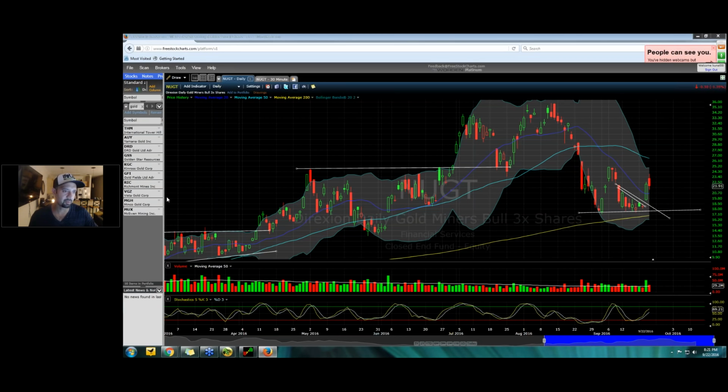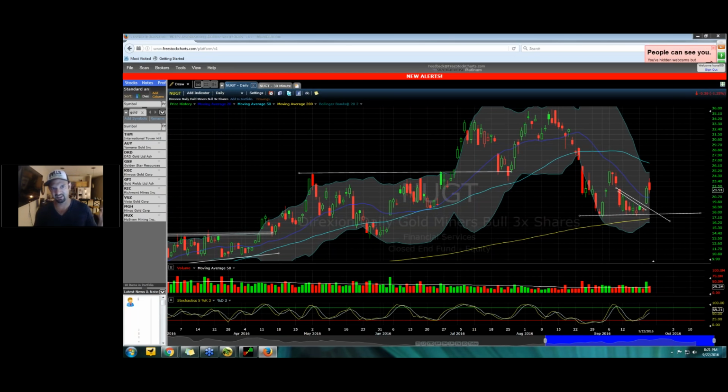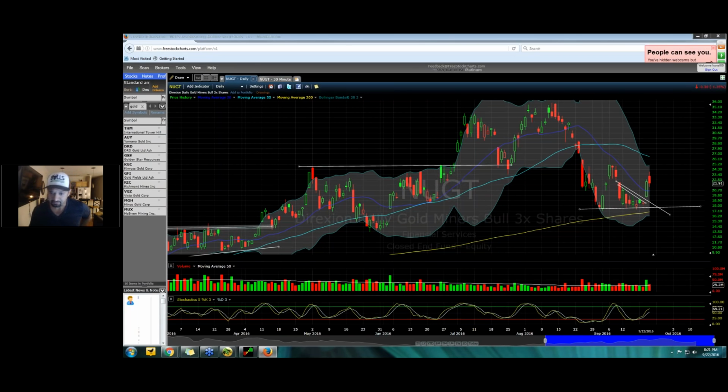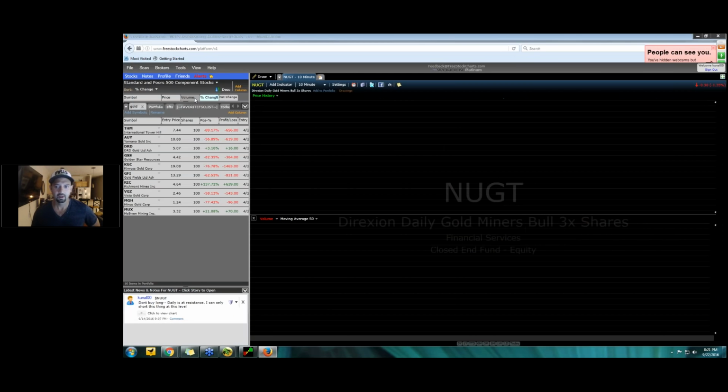It'll just be missing a couple of the bells and whistles of scans and stuff like that, but I'm going to show you how to set up your charts real quick so that you're able to look at some of the same stuff that I do. So if you're on here, go to freestockcharts.com, hit this create new layout, and what we're going to do is set up our charts in the same manner.